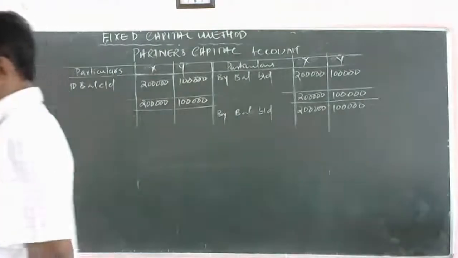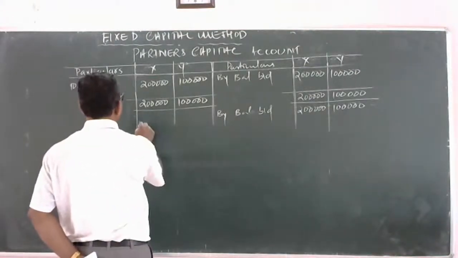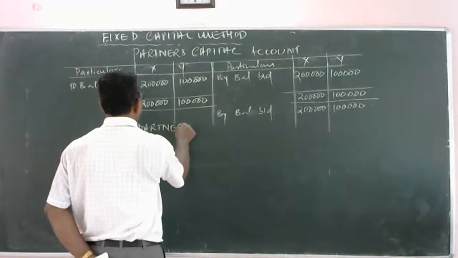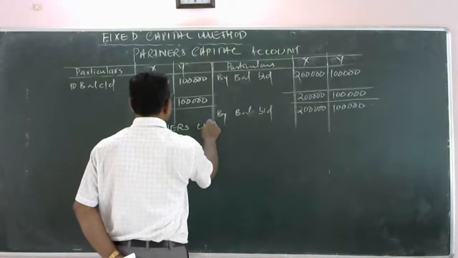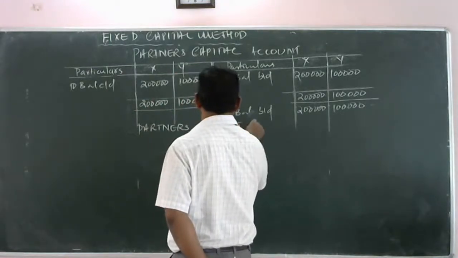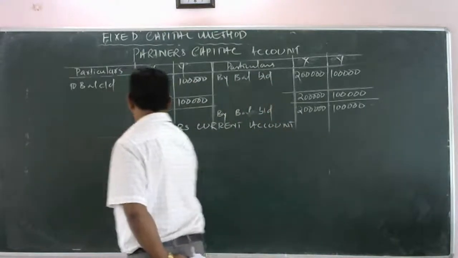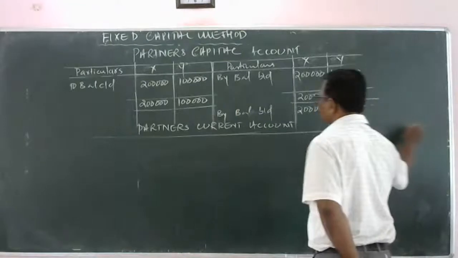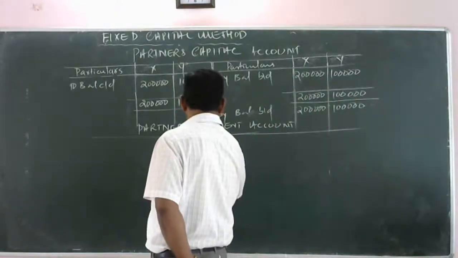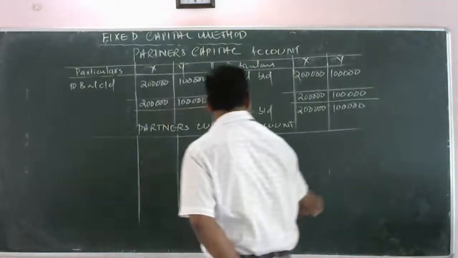Right? Another account we have to prepare. Here is the partners current account. So in the partners current account, you have to show all other adjustments.